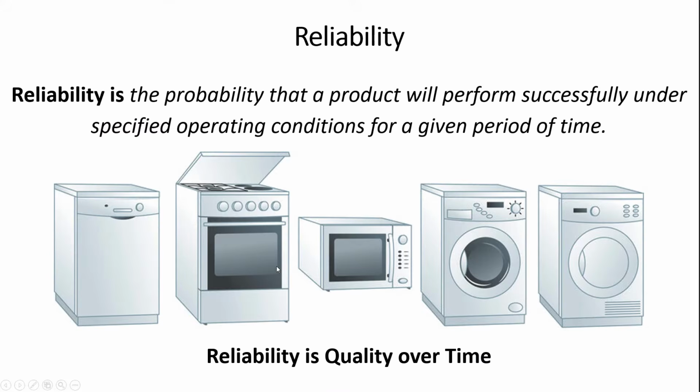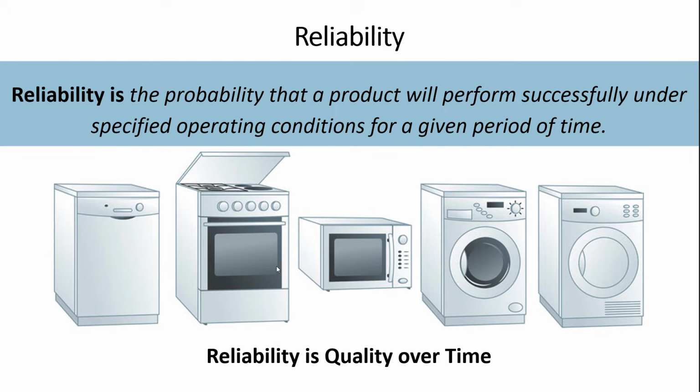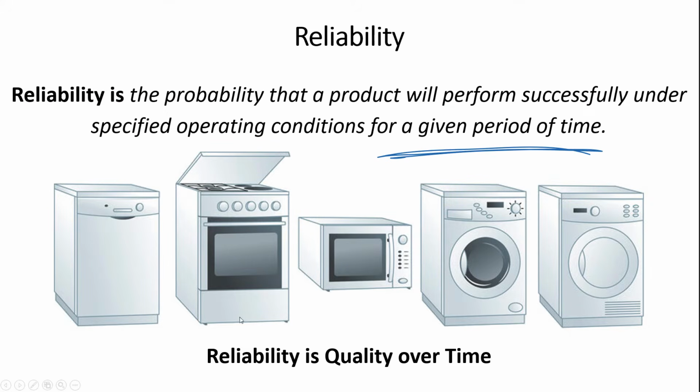Okay, so I want to start with just a basic definition of reliability. You're watching this video, so you have some understanding of it, but essentially the formal definition is that reliability is the probability that a product will perform successfully under specific conditions for a given period of time. The key phrase here is a given period of time.